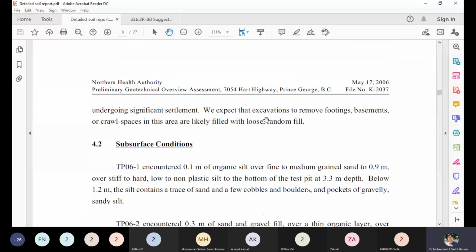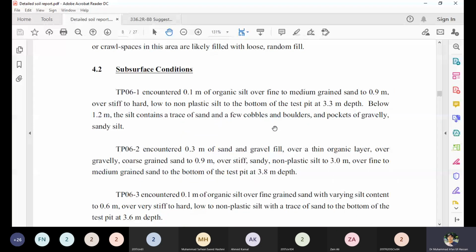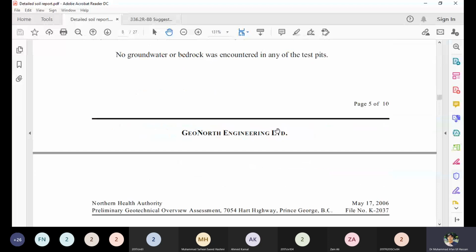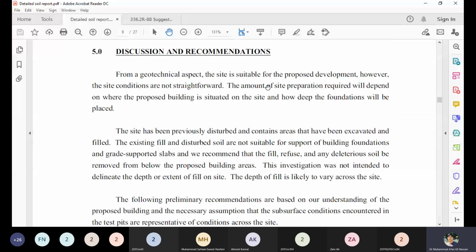They actually provided the detailed soil report. This is from an international project.